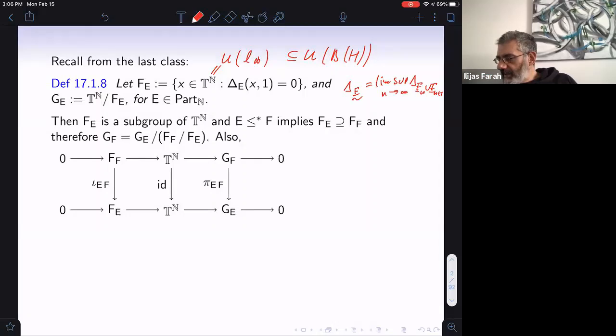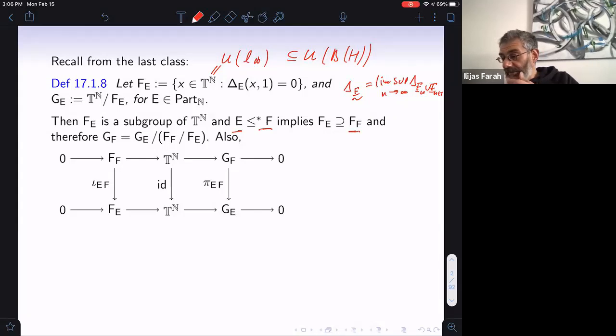Here, this is boldface E, so these are those partitions of natural numbers that we have. So F_E is a subgroup, and G_E is the quotient group. And if partition F dominates, if it's greater or equal star than partition E, then the group associated with F is smaller.